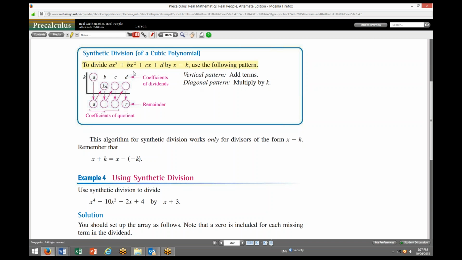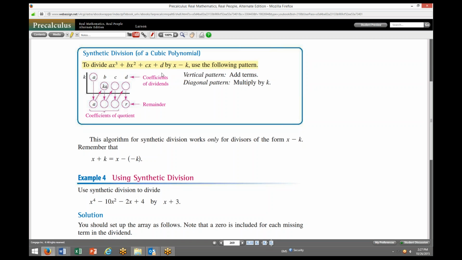Now you must have them all written in the correct order, from the highest exponent coming down one exponent at a time all the way down to the constant. And if any of these terms are missing, any of the in-between exponent terms or even the constant, you have to replace them with zeros.